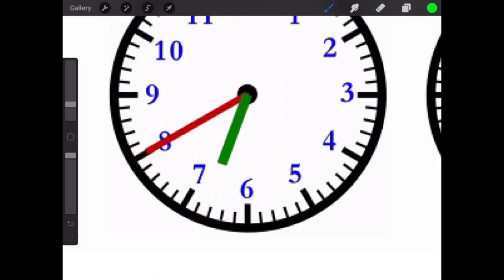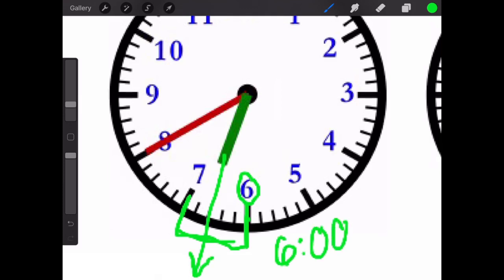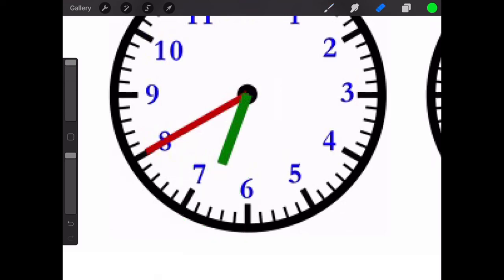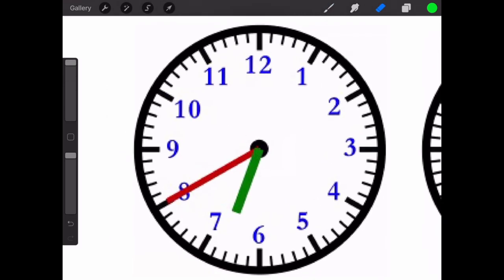This hour hand is in the 6 o'clock bedroom, because the 6 o'clock bedroom goes from here to here, and it's pointing straight through it. So this hour is 6. Just remember, it's not always the number it's closest to. It's the bedroom that it's going through. That's what you need to remember when you're telling time on this type of clock.